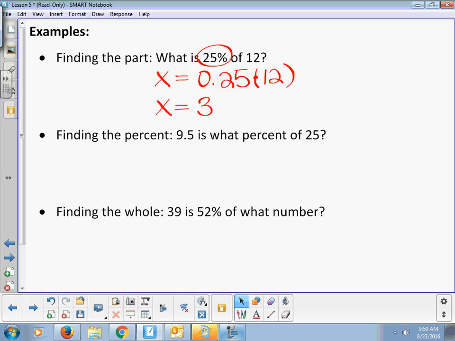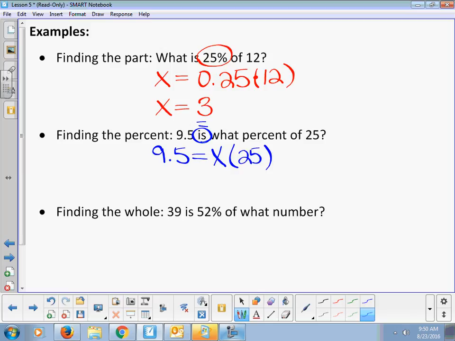Okay, for the second one, we are finding the percent. We have 9.5 is, remember your is your equals. What percent? We're not sure what percent, so we're going to put a variable, and we're multiplying by 25. So this is x times 25. To get x by itself, you have to divide both sides by 25.